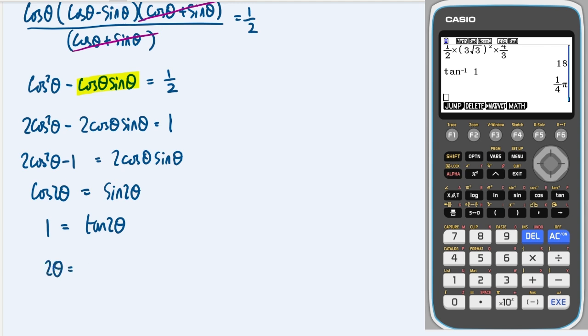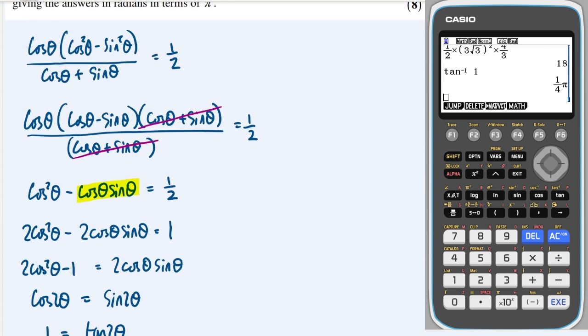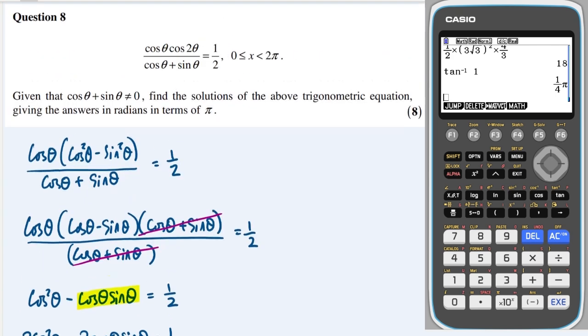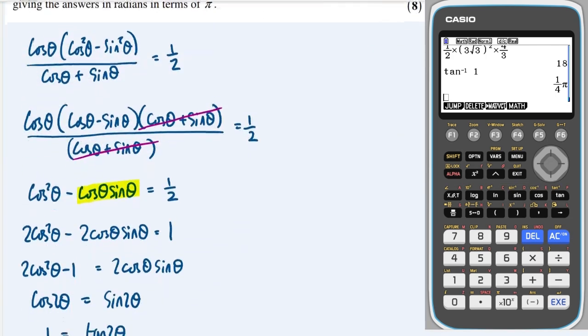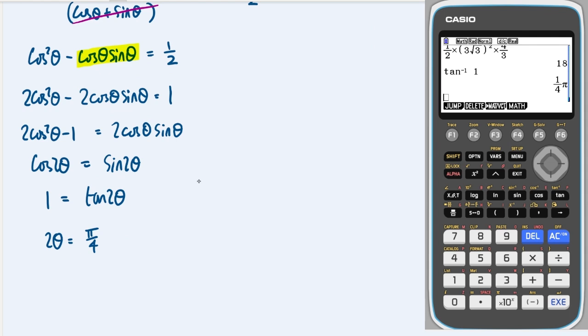So this gives me 2 theta is equal to pi over 4. Let's double check the range. We're between 0 and 2 pi, which means that if we have 2 theta, then we are between 0 and 4 pi. For tan, it repeats every pi. So we just add on a pi, and then another one, and then another one.